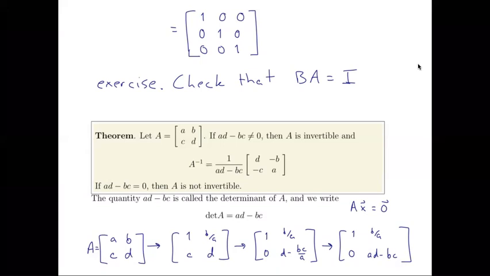And again, this is considering the augmented matrix, putting 0, 0 here as our third column for our right-hand side. The first two columns are the coefficients of the system. And yeah, if this is a 0, then we have a free variable, which means we have infinitely many solutions, which means that this has non-unique solutions. And if that's the case, what kind of trouble could that be for an inverse matrix? Well, that means we could have an x and a y that are not equal to each other.